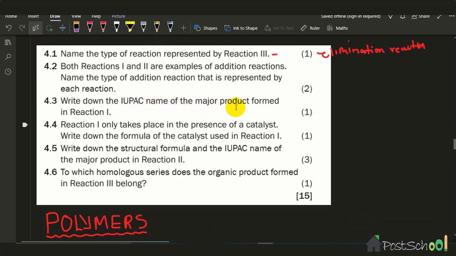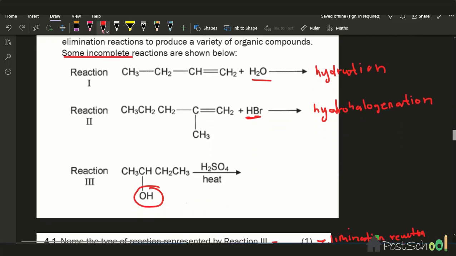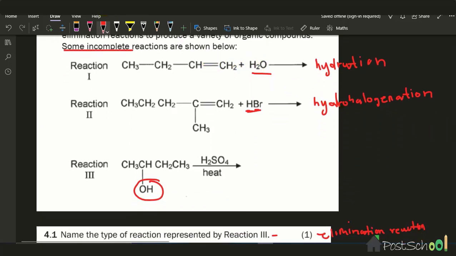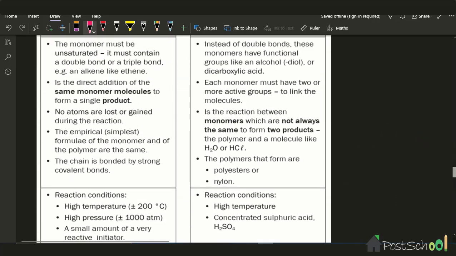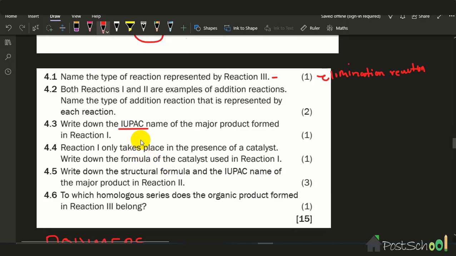Write down the IUPAC name of the major product formed in reaction 1. Hydration means addition, so it will break that bond, and then the OH will come in here. So the answer that comes out, we write it next to it, is 2 dash.